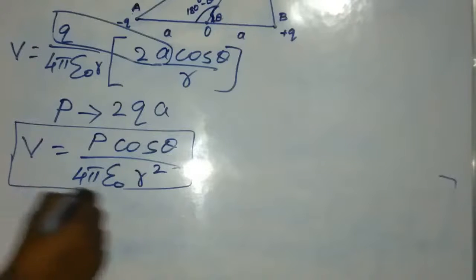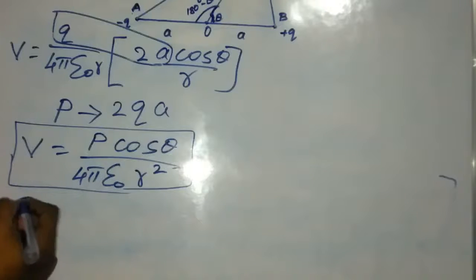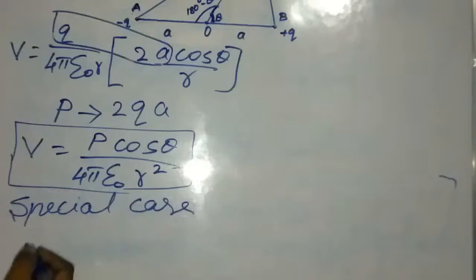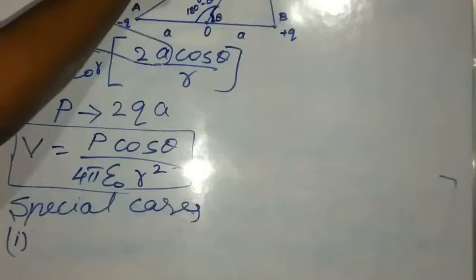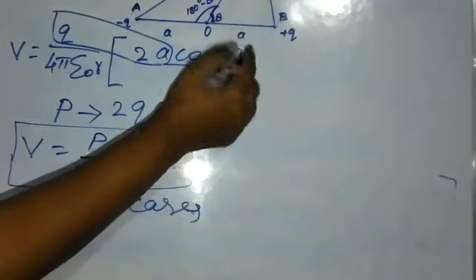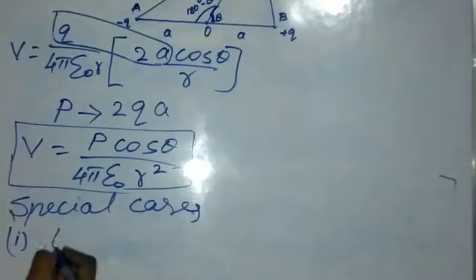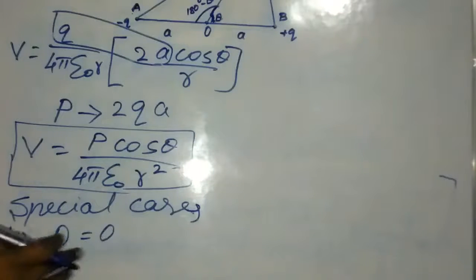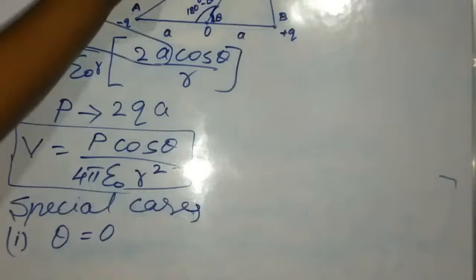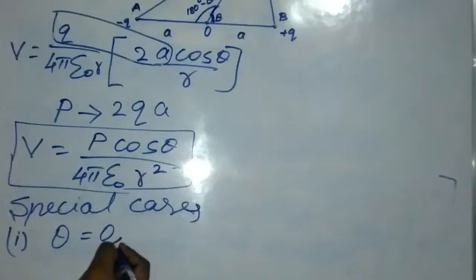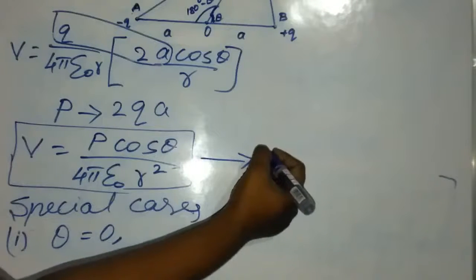Here we have 3 special cases. Case number 1: if the point P lies on the axial line on the side of plus Q, means if theta is equal to 0. Now put this as equation number 6.